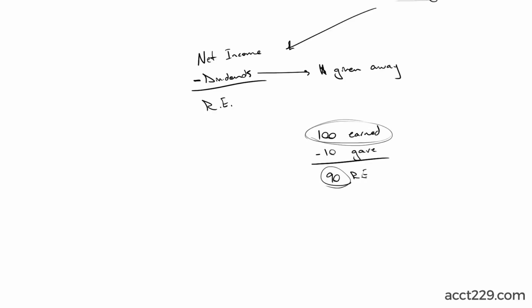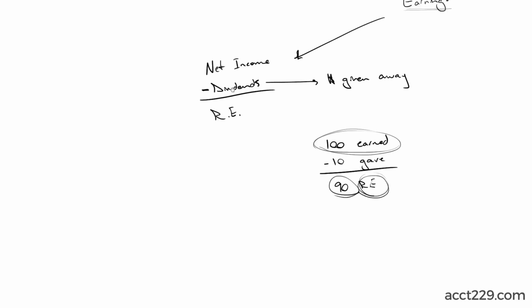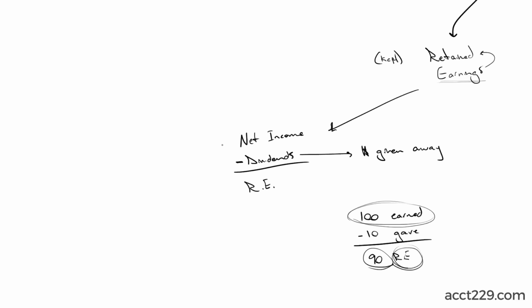Well, at the end of the day, you still have $90, so that's called your retained earnings. And that's exactly what we're dealing with here. We have our net income, and then we give some of it away back to the shareholders. And so at the end of the day, our retained earnings is how much of our net income we didn't give away. How much did we retain?